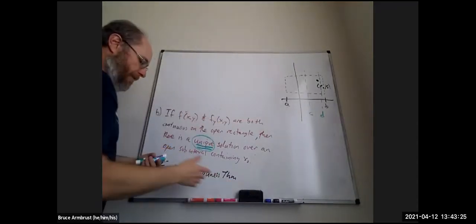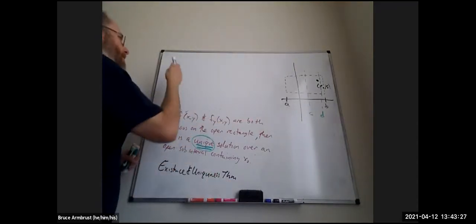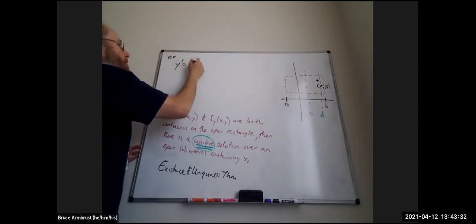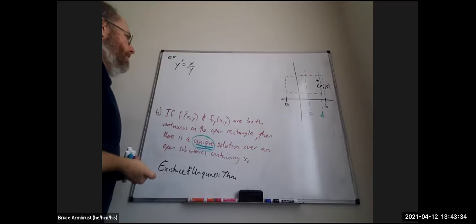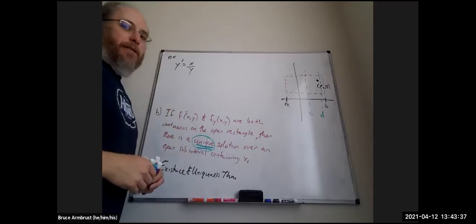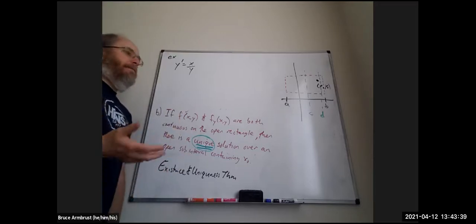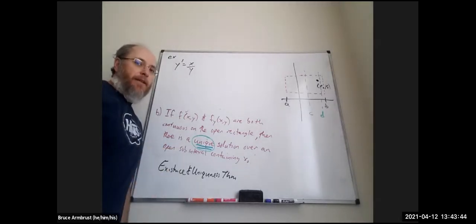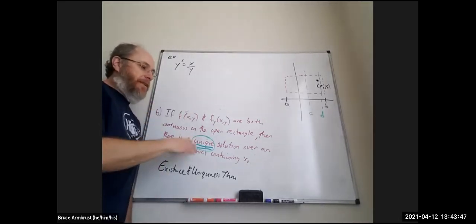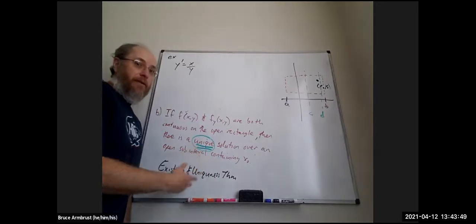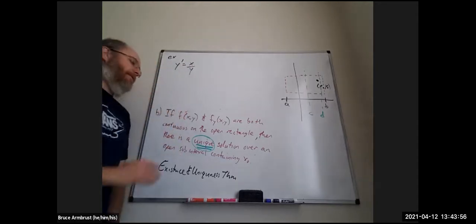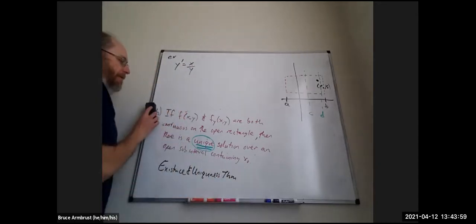All right, so let's look at this one. We'll start with a pretty easy differential equation. It's even one that you know how to solve. But let's look at y prime equals x over y. And I'm not going to give you an initial condition yet, but I will give you one in a little bit, because when we talked about this theorem, we needed to have the point that we were creating this open rectangle around, right? So we'll do that in a second, but let's just talk about this differential equation first.